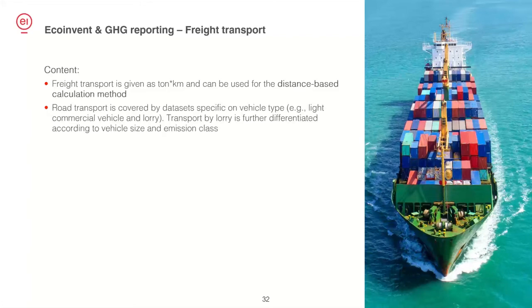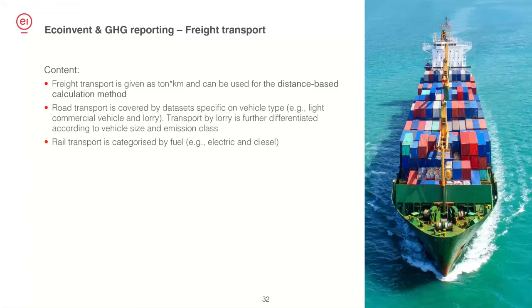There are data sets available for road transport, and those data sets are specific for the type of vehicle. So, for example, we have data for the transport by light commercial vehicle or lorry, and then data sets for transport by lorry are further differentiated according to the vehicle size or emission class.